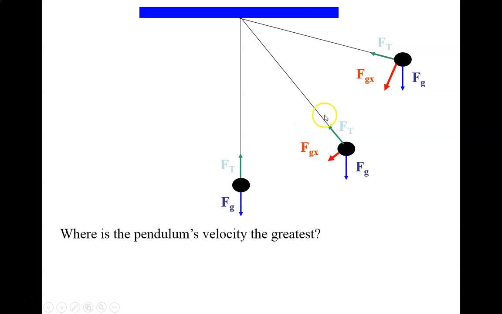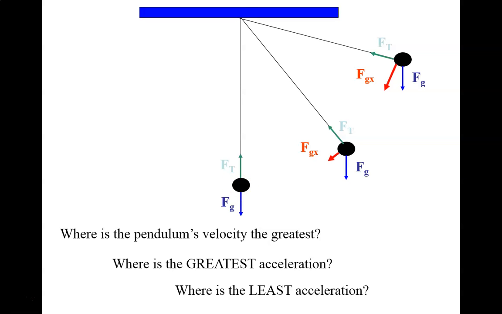Similar to our mass on a spring, where is the pendulum's velocity the greatest? It's going to be the greatest at the equilibrium position, where the acceleration is the least, is 0. Where is the greatest acceleration? It's going to be at the ends, where the force is the greatest.